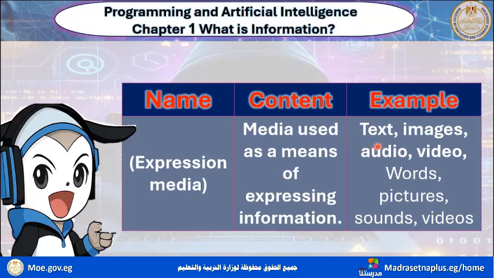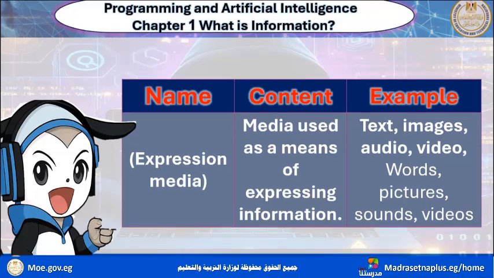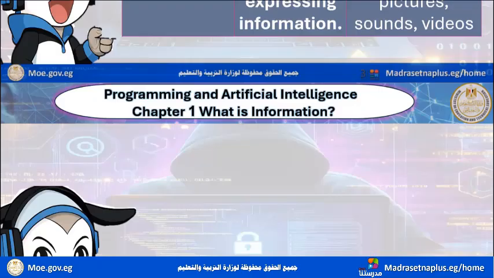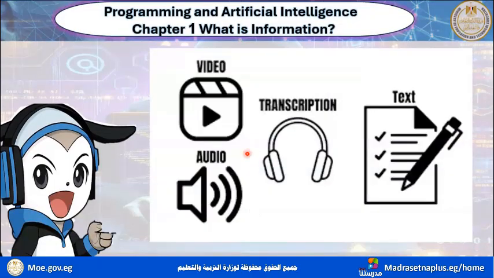Like text, images, audio, video, or words, pictures, sounds, videos, all of them are expression. You can express information through it. Check here. Well, here is the image. So we express information through video, through hearing something through audio, or through writing something through text.